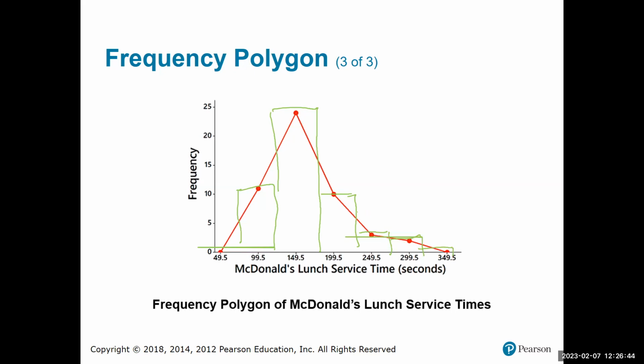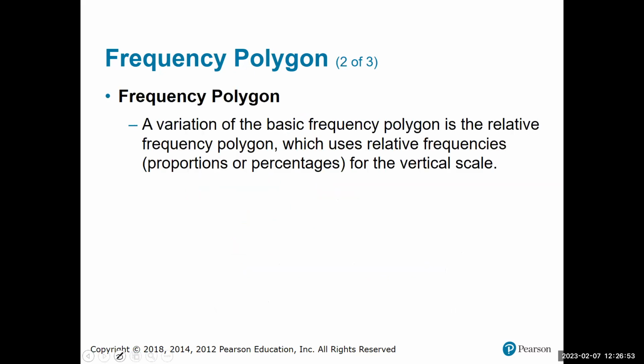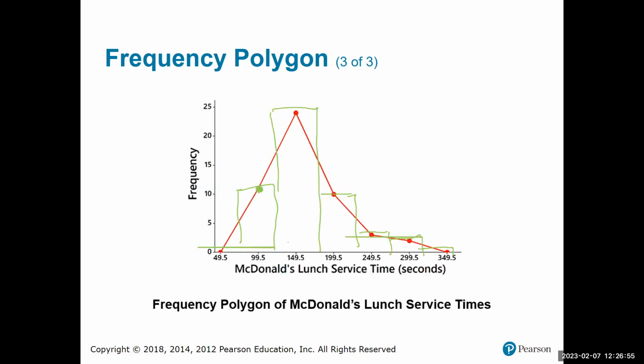So instead of shaping it like a histogram, this dot here represents the midpoint for each class. And so it can show you the same sort of information that the histogram does.